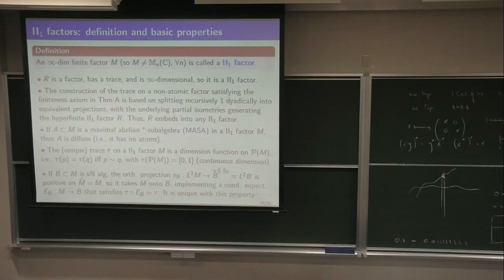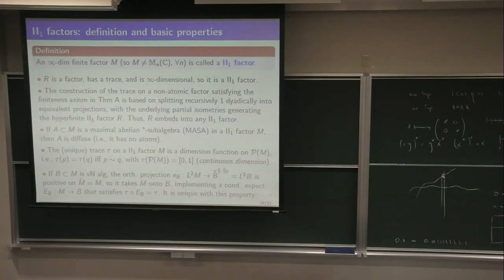So that tells you right away that it will take M into B. Therefore, it will be a projection of M onto B which is positive, and by Tomiyama's theorem, one knows that it's automatically a conditional expectation. Now, by its very definition, you see that it preserves the trace.